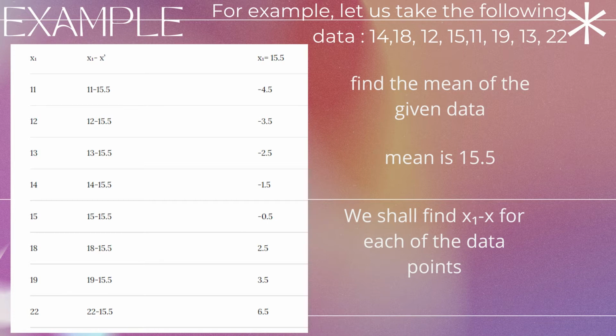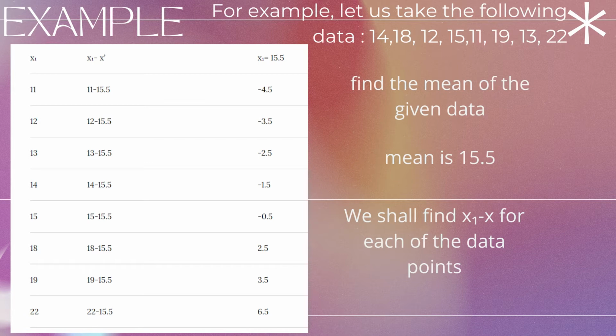After getting the mean of the given data, we have to find the difference between each x and the mean for each data point. For example, our first data is 11. Look at the adjacent row: 11 minus 15.5. Where did we get the 15.5? It is from the mean.